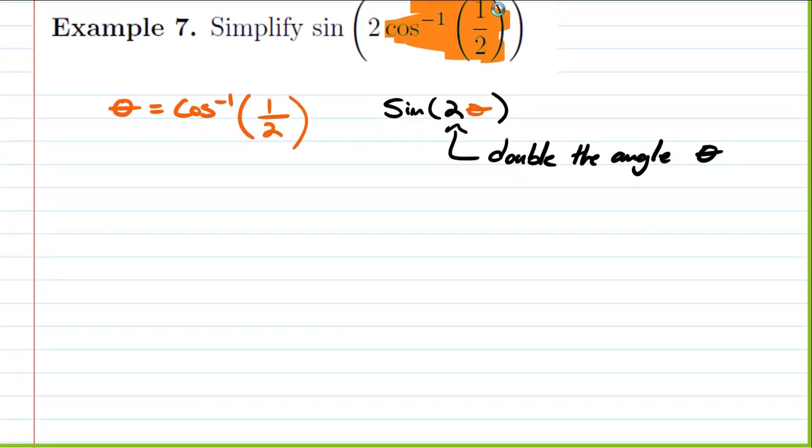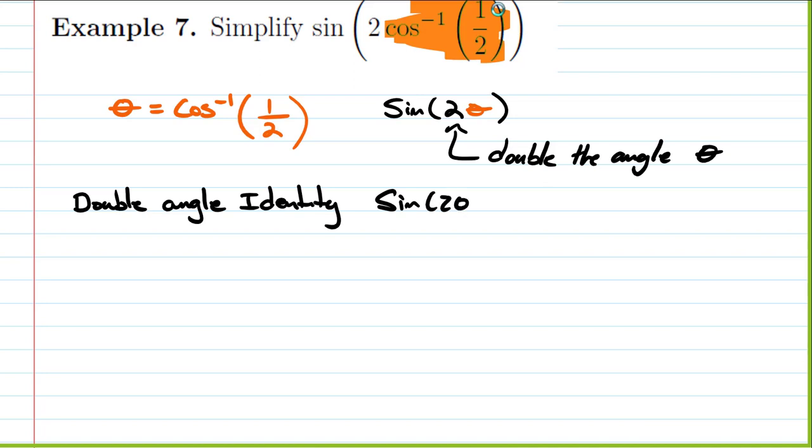So if you look on your unit circle sheet on the back side, and we're going to talk more about these a little bit later, we have what's called a double angle identity. And we have that the sine of 2 times theta is the same as 2 times the sine of theta times the cosine of theta.